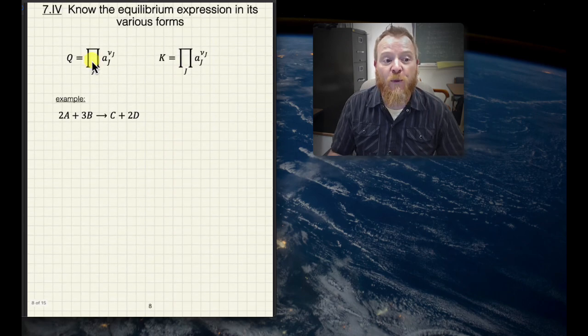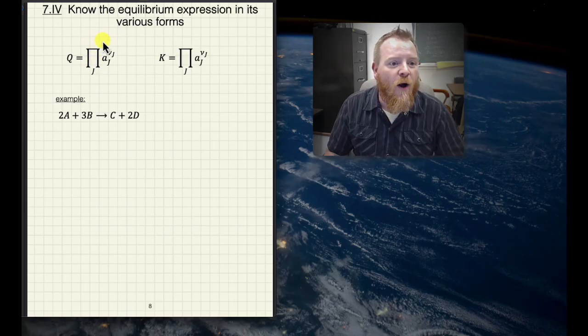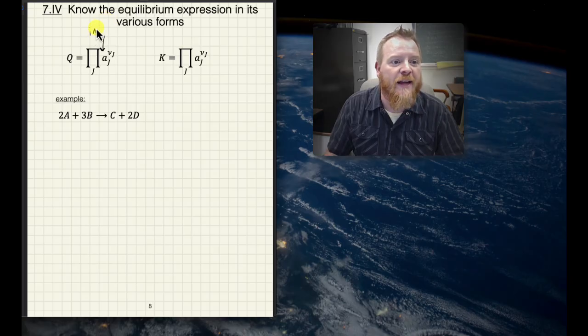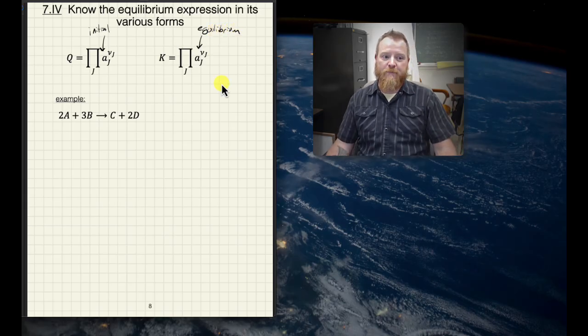So here we now have that expression. So the reaction quotient are the product of the activities raised to their stoichiometric coefficient, where those activities are their initial values for the reaction quotient, and we replace Q with K when those activities are related to equilibrium.